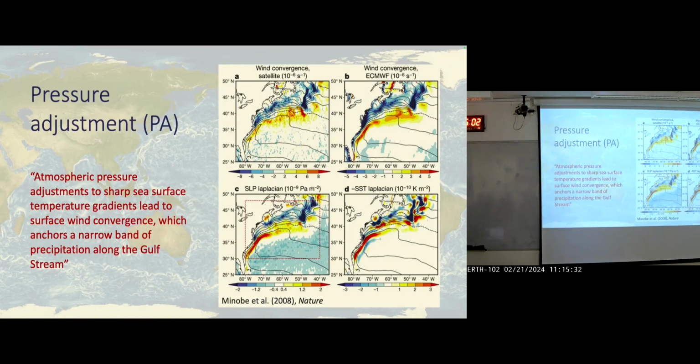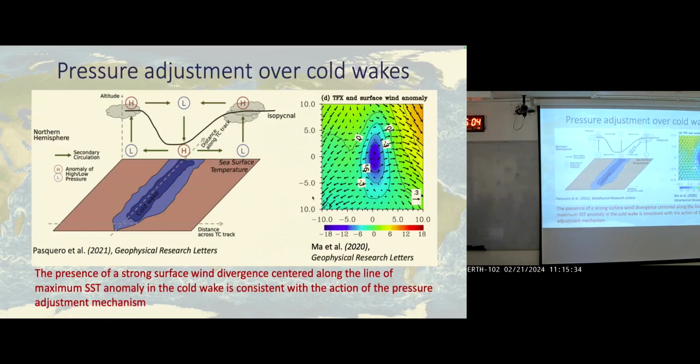So that's the pressure adjustment mechanism, and this is one nice example of a case where this mechanism is important. This is over a cold wake. When a tropical cyclone passes over the ocean, it leaves a cold trail behind it.